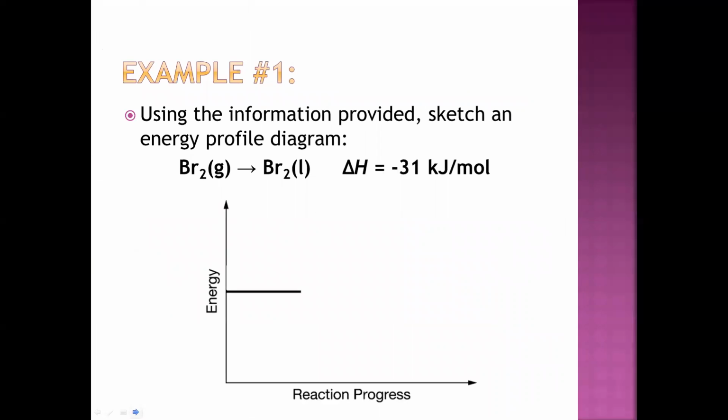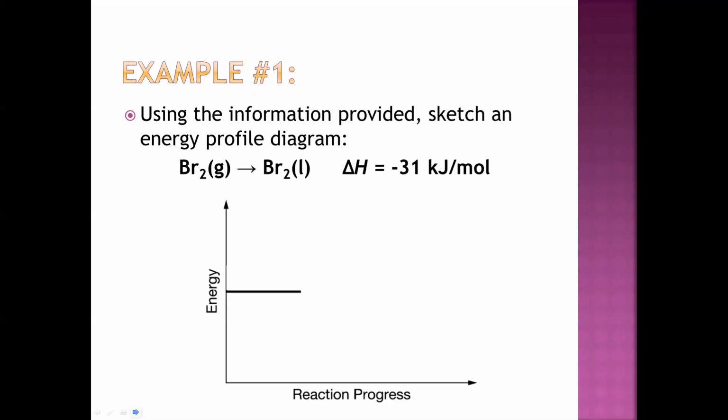Okay, so we want to draw an energy profile diagram given the information we have in order to show how the energy is for this. It's actually not a reaction, but it's a phase change, turning gaseous bromine into liquid bromine. Okay, so the reactants and the products.